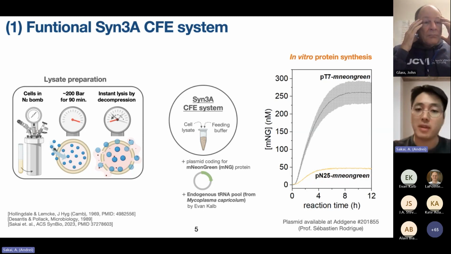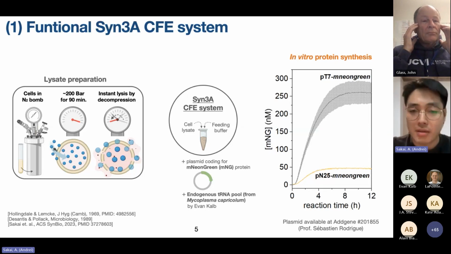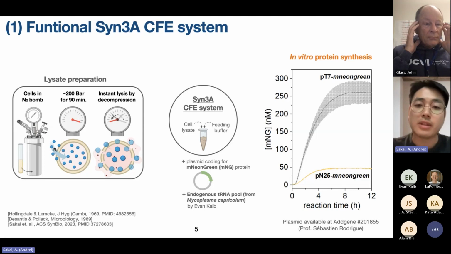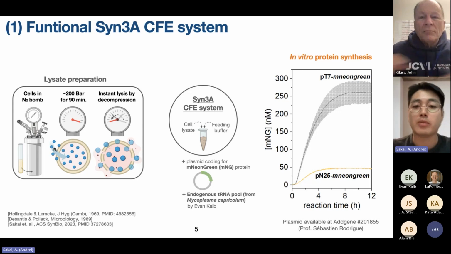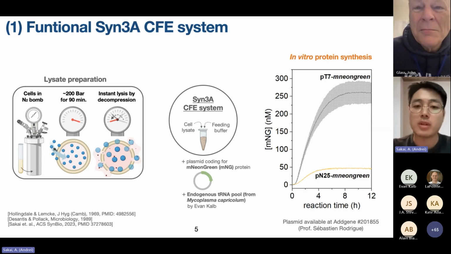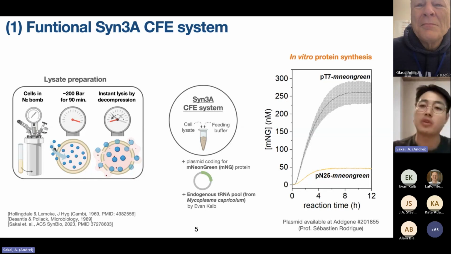And together with the feeding buffer and also with tRNAs that were isolated by Evan, that was a very important component in the system, we were able to detect the protein expression, protein production, using this plasmid coding for a reporter protein. In this case it is mNeonGreen. So on the right side, you can see the graph in which we show the protein expression over time.